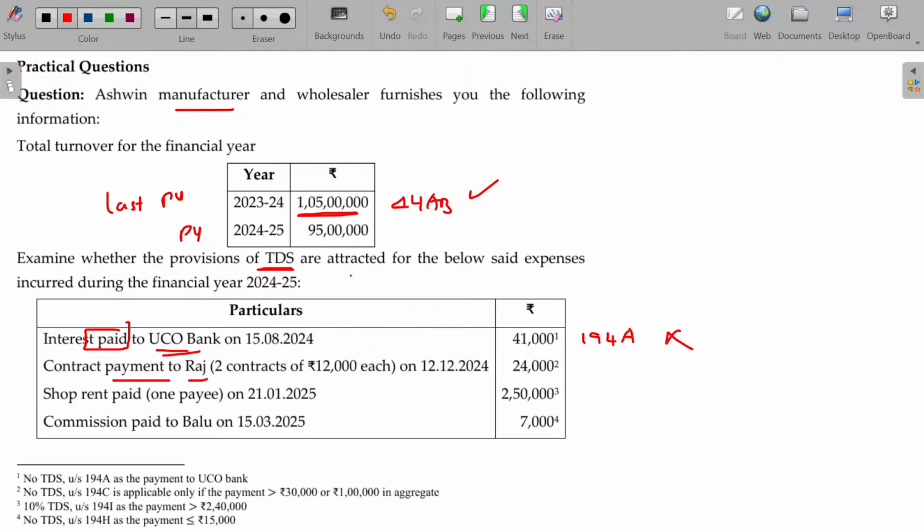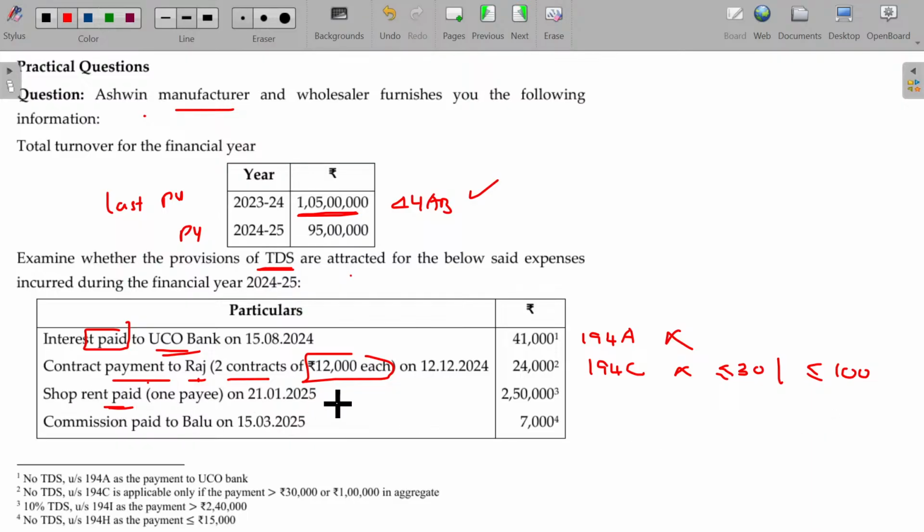Contract payment to Raj. Contract payment will come under 194C. Ashwin, manufacturer, pays the contract payment to Raj. 2 contracts, 12,000 each. Not applicable because the individual limit is less than or equal to 30,000, excluded. Aggregate value less than or equal to 100,000 is also excluded. Here only 12,000, so not taxable.